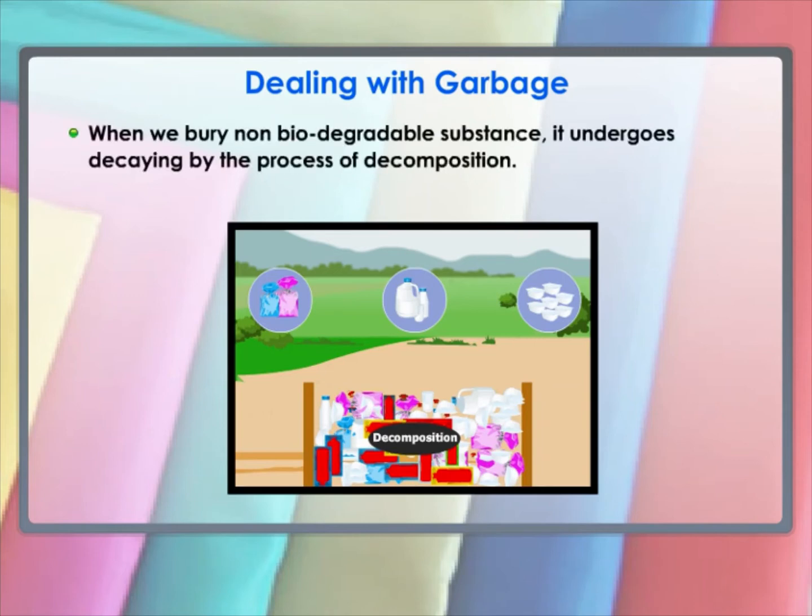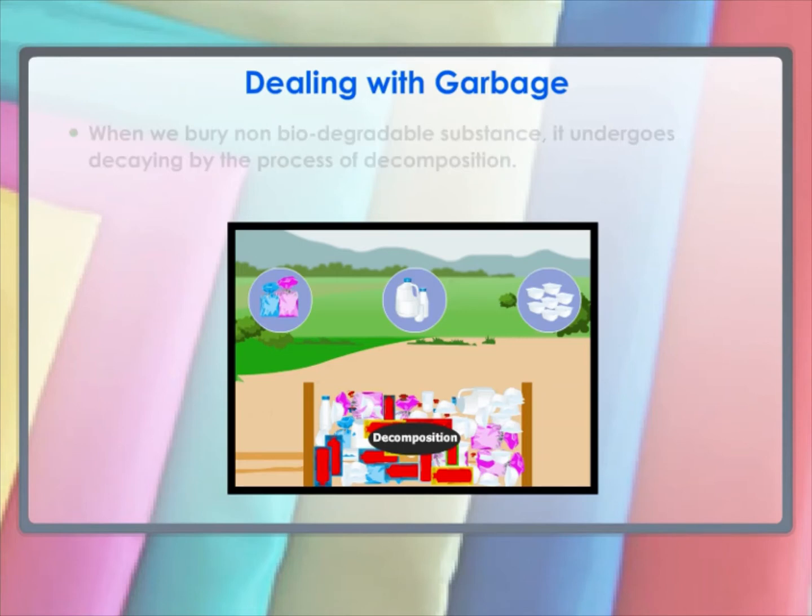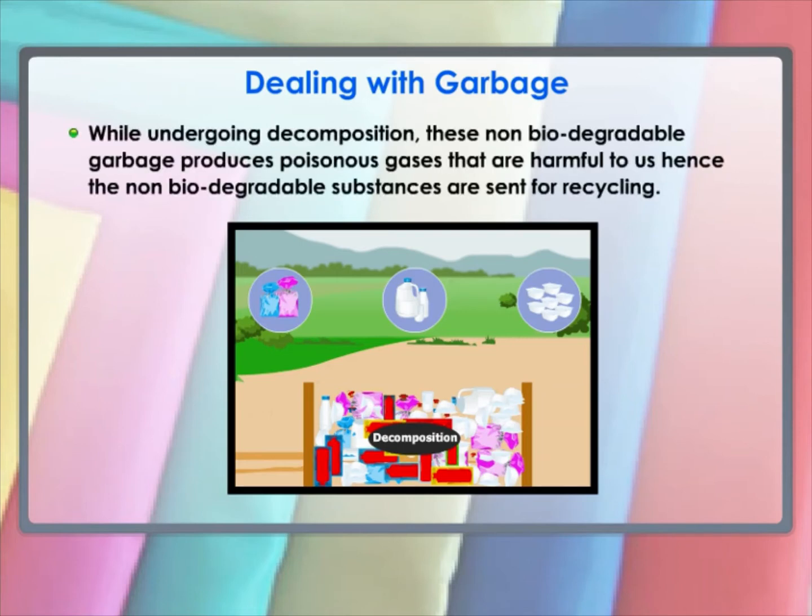When we bury a non-biodegradable substance, it undergoes decaying by the process of decomposition. While undergoing decomposition, this non-biodegradable garbage produces poisonous gases that are harmful to us. Hence, non-biodegradable substances are sent for recycling.